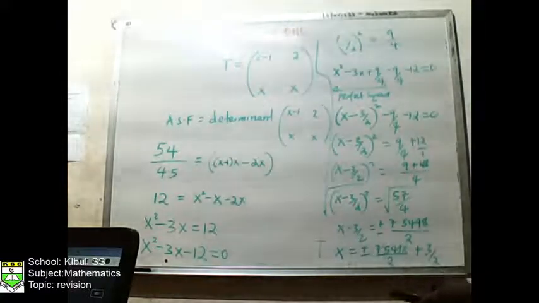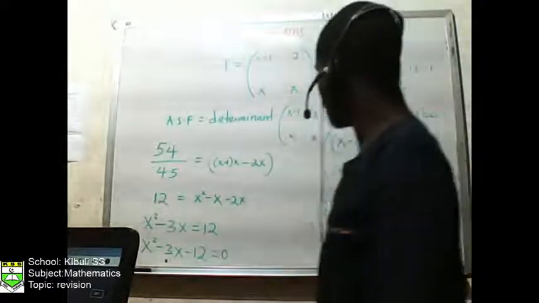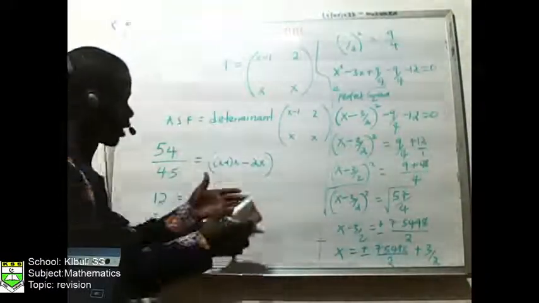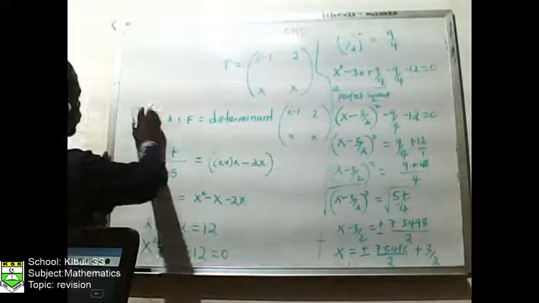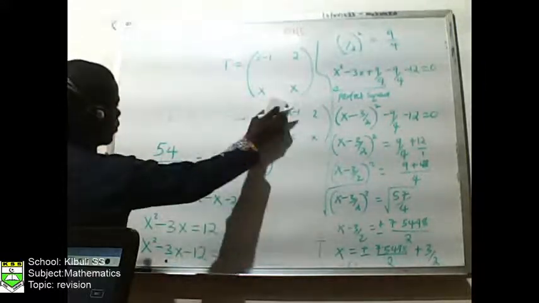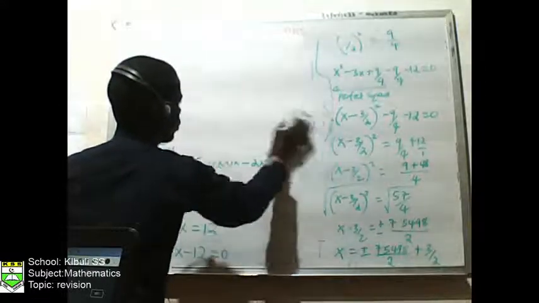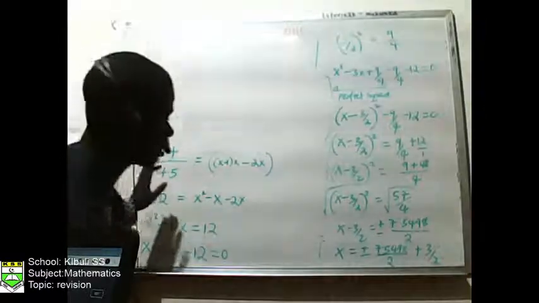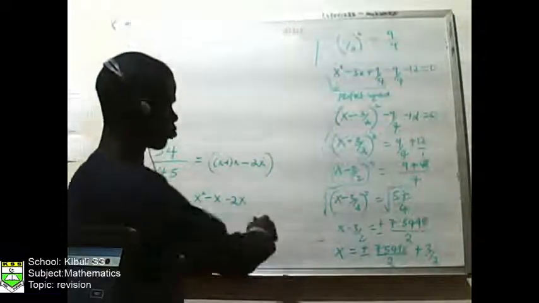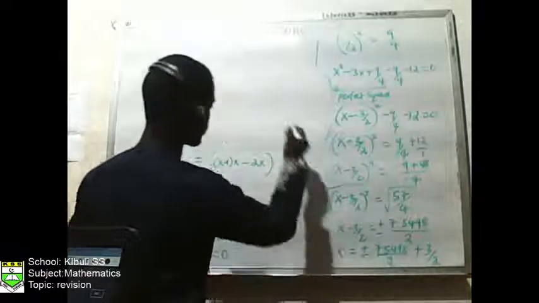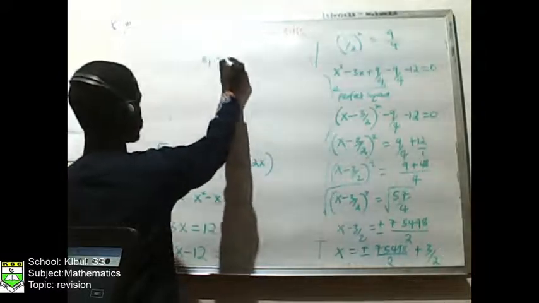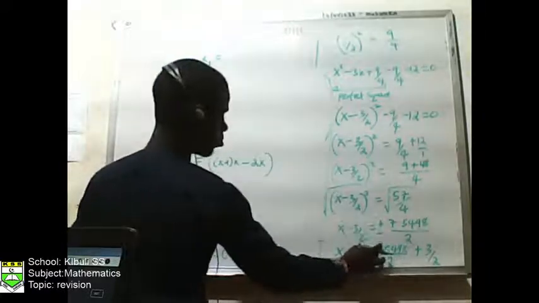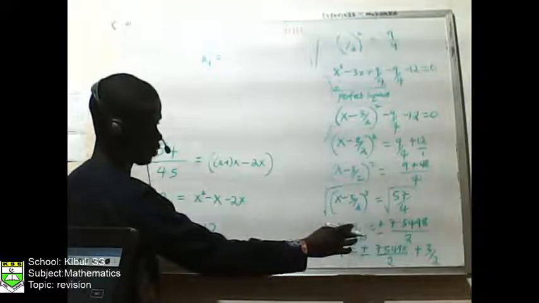Now, when I try to come back, let me write here. Hope you can see this place very well. So for x1 I'm going to take the positive part of 7.5498.